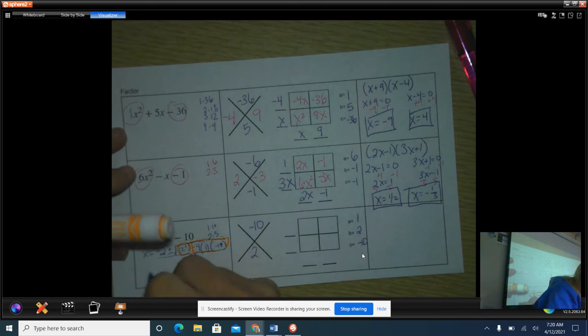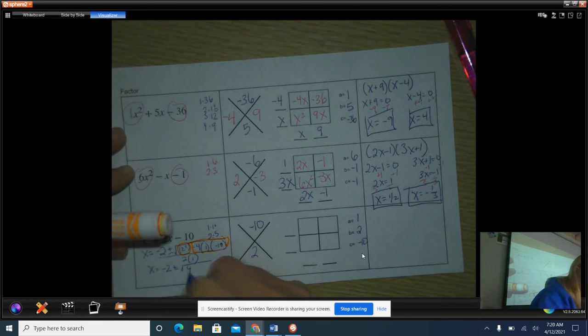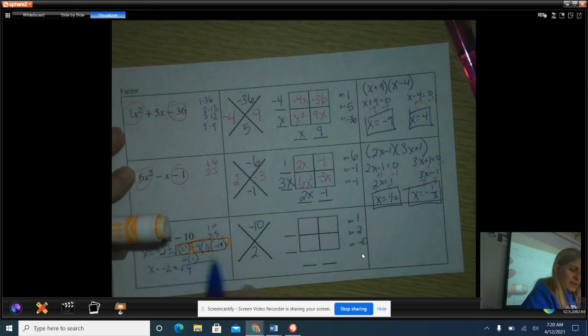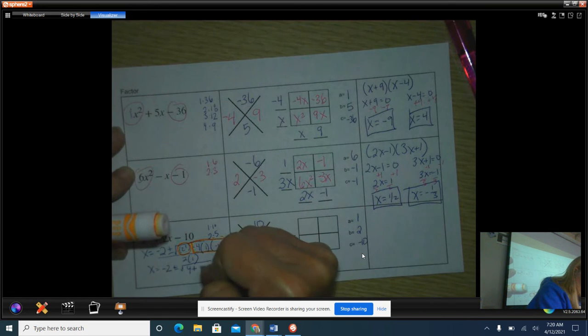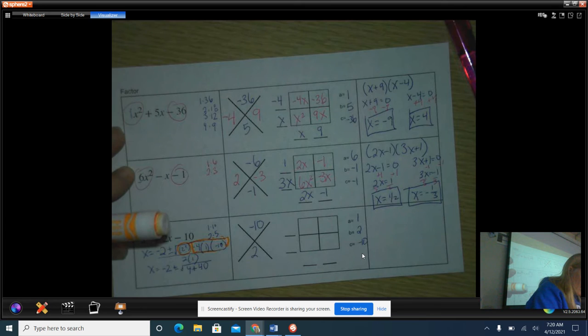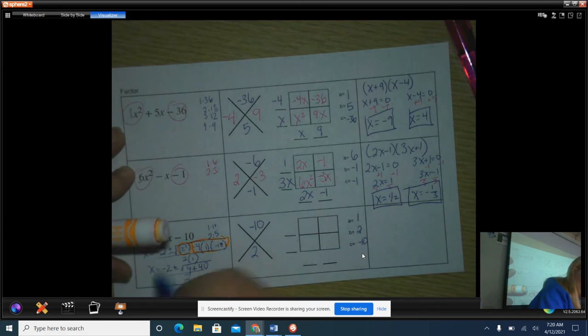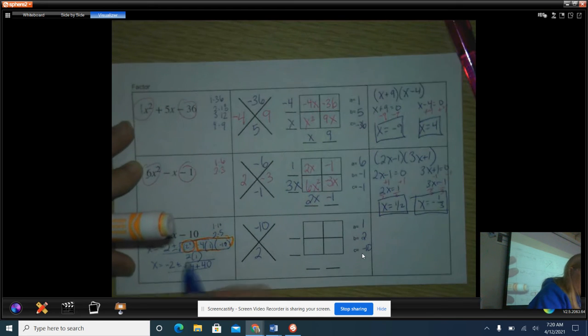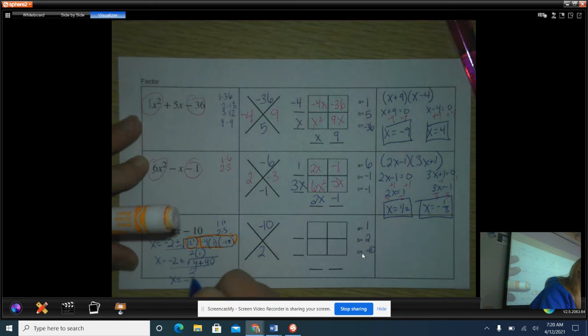So x is equal to negative 2 plus or minus the square root of 4. Negative 4 times 1 times negative 10 is positive 40, all divided by 2. So we'll continue to work. We're going to do 40 plus 4. X is equal to negative 2 plus or minus the square root of 44 divided by 2.